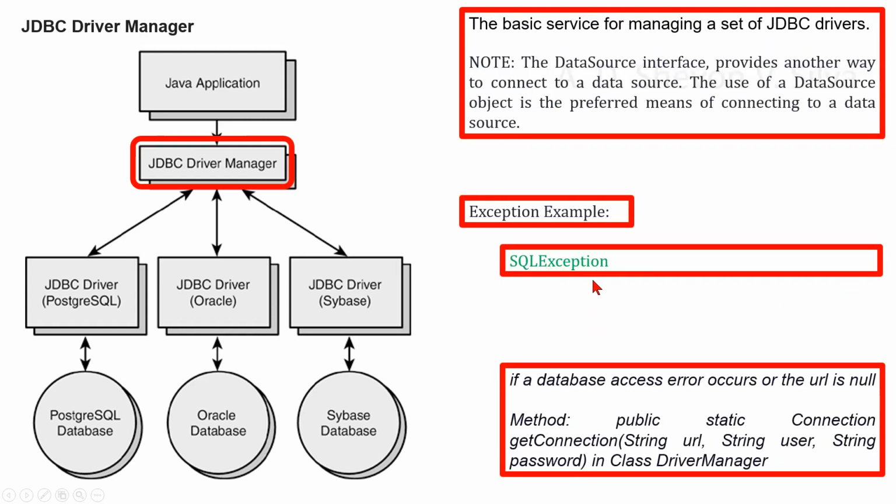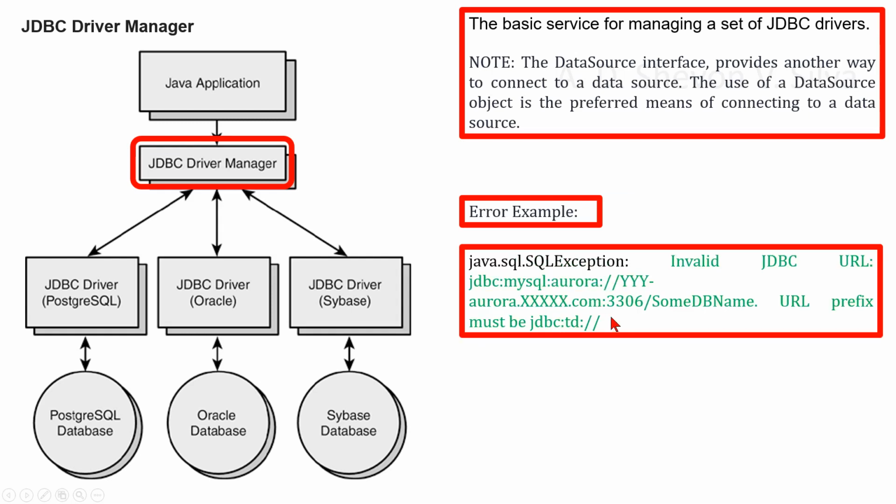As an exception example, you can consider SQLException. It is thrown if a database access error occurs or the URL is null in the method public static Connection getConnection(String) in class DriverManager.